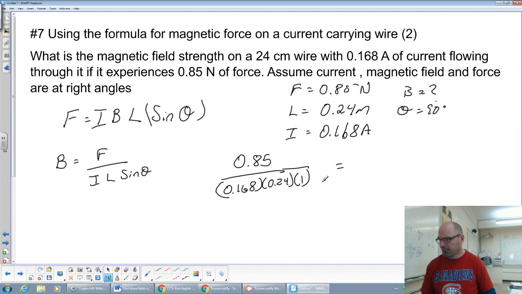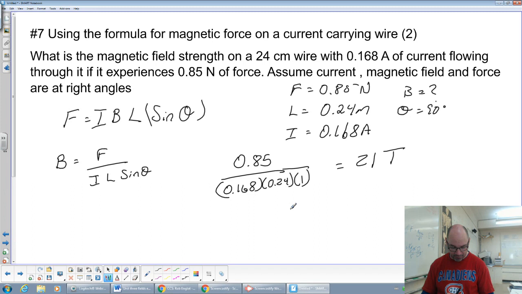I'm going to do the bottom part first, 0.168 times 0.24. Okay, get our answer, divide that into 0.85, and we get approximately, what do we get here? 21 Teslas.